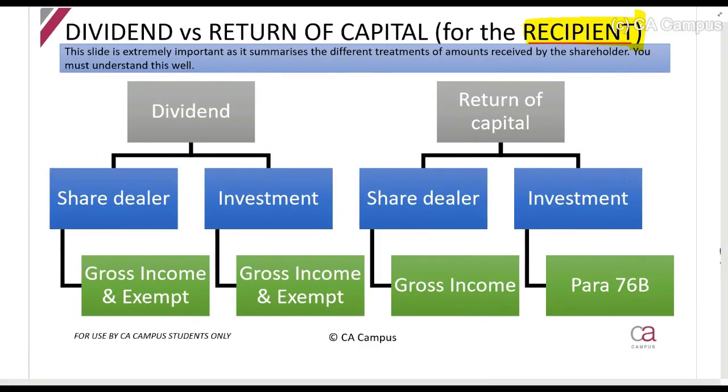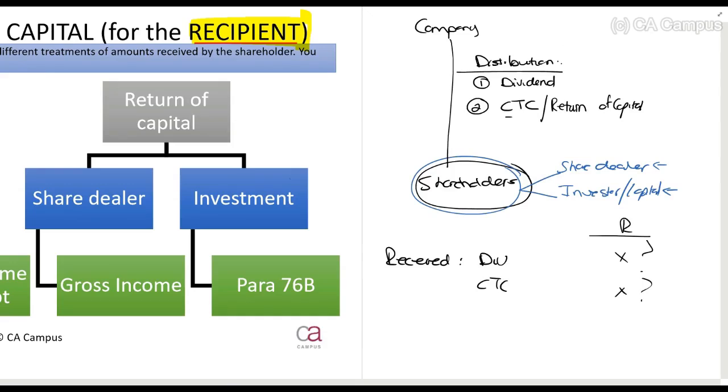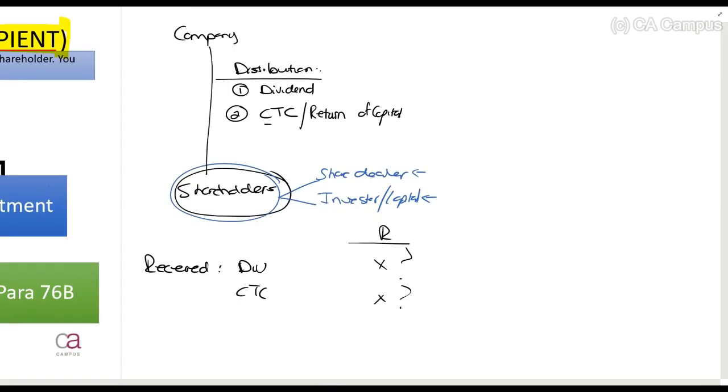So now see, when it is a dividend, this is the easy one. Whether you have it as an investment or as a share dealer, the dividend portion is gross income and it is exempt.